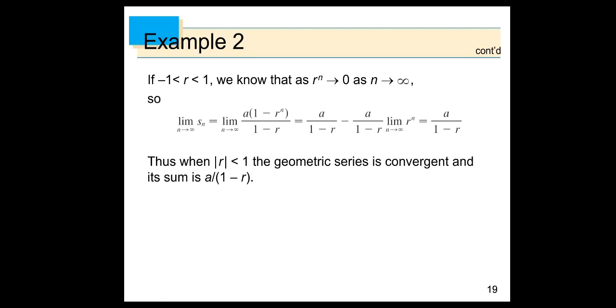So it means that the geometric series is convergent and its sum is a by 1 minus r. We can clearly see that.